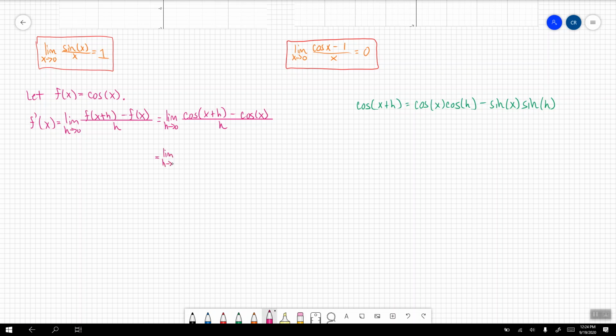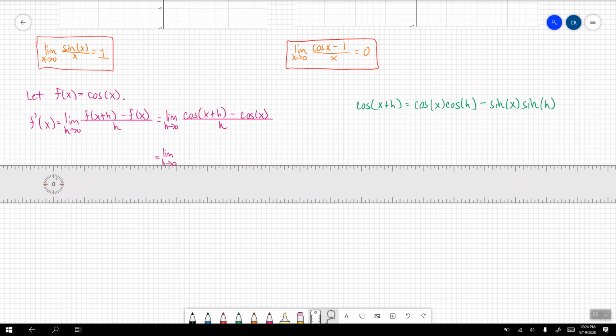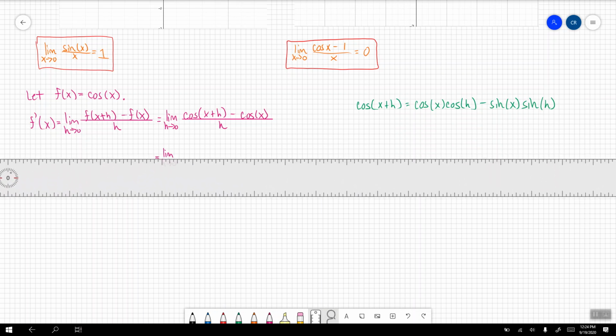and we're going to say the limit as h is approaching 0. And now I have to put in this big piece. Let's get a big fraction bar here.